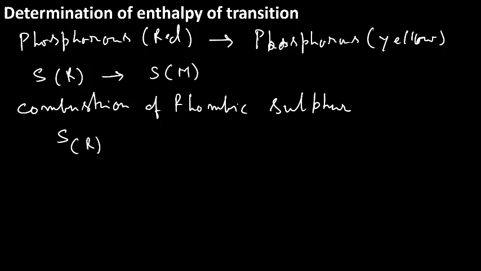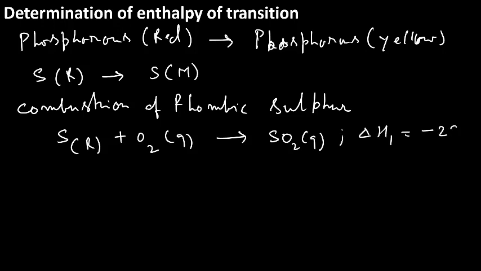S R means rhombic sulfur, plus it combines with oxygen. So, sulfur burns in oxygen and we get sulfur dioxide gas. Therefore, delta H1 is equal to minus 295.1 kilojoule. Similarly, combustion of monoclinic sulfur.